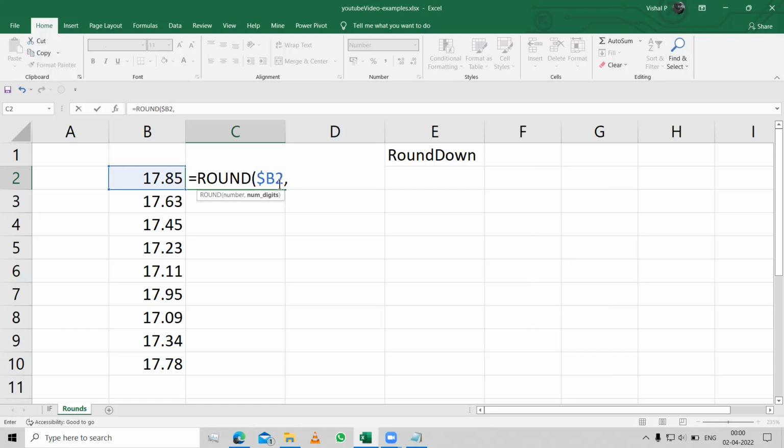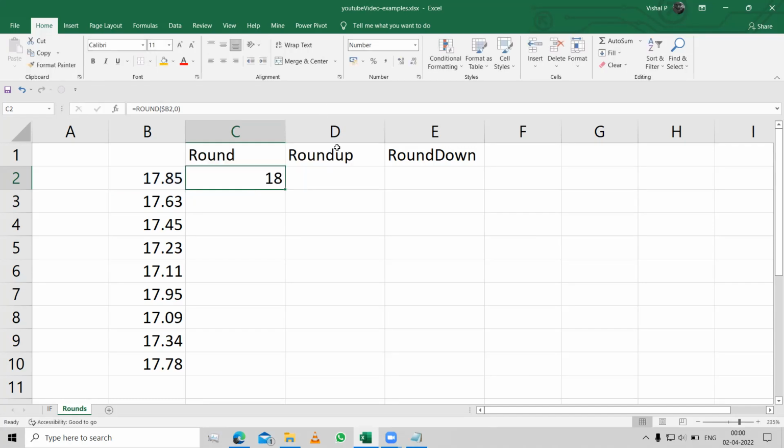Then number of digits that I want to go for is none, so I'll keep it as 0. If I enter it, it gives me 18, only 18.